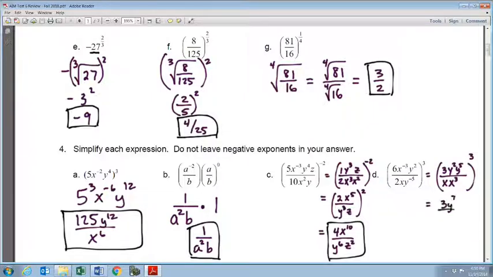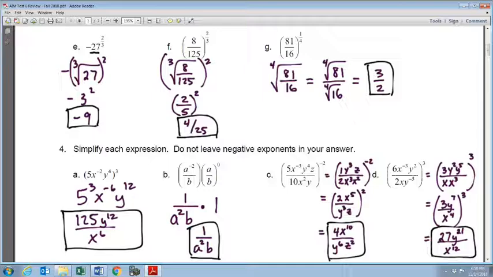And so we get 3y to the 7th in the numerator over x to the 4th in the denominator, and that's all cubed. So 3 cubed is 27. Y to the 7th to the 3rd power, that's a power to a power, so we'll multiply. And the same thing in the denominator, so we're going to get x to the 12th.